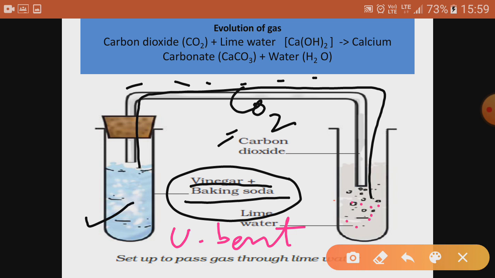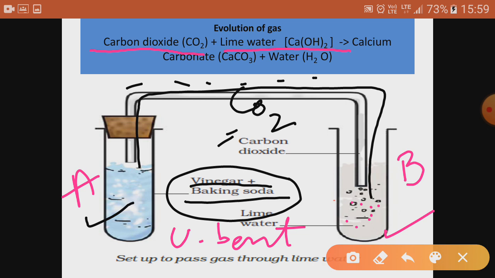This test tube contains slaked lime, that is calcium hydroxide. This is the lime water. Lime water, we know, turns milky whenever carbon dioxide is passed into it. So test tube B contains lime water, test tube A contains vinegar and baking soda.